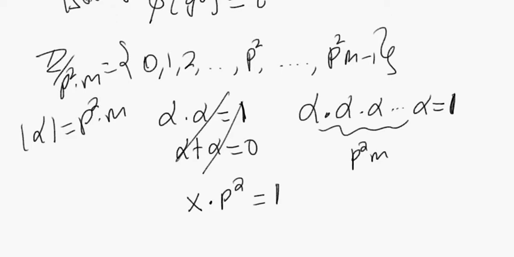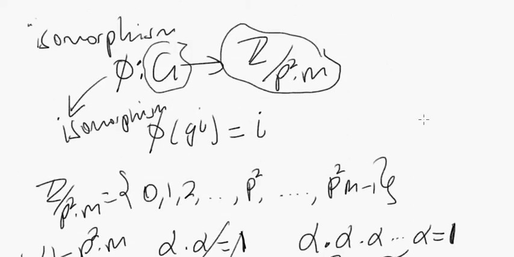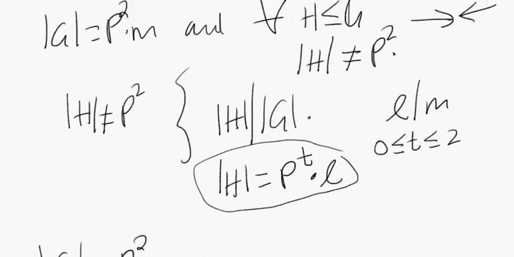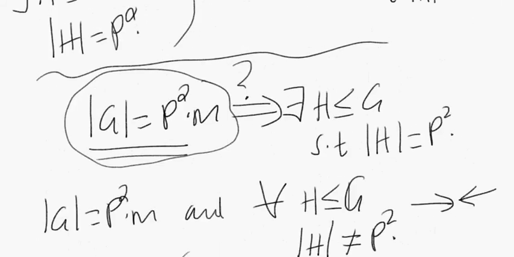Right? Here's a strategy. Suppose that we're always guaranteed an element in G whose order is p squared times m. Aren't we then saying that G is cyclic?